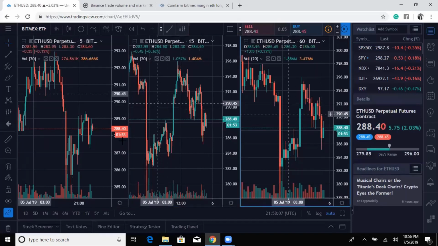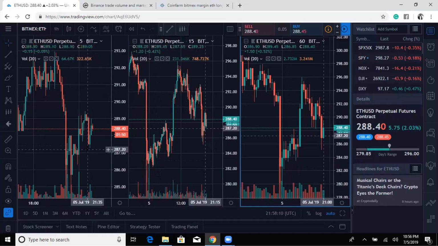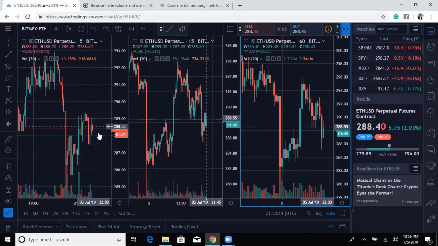So if you wanted to take a long position while looking at the 5 minutes, it looks earlier this was red before the green came out. But you take note that a red candlestick has come out. So that gives you a real-time idea of what's happening in the market, like what traders are actually doing right now. They're actually selling right now.